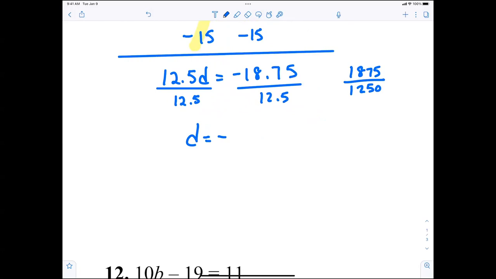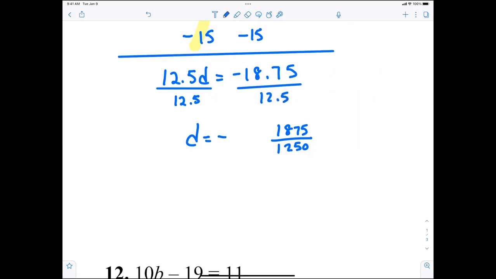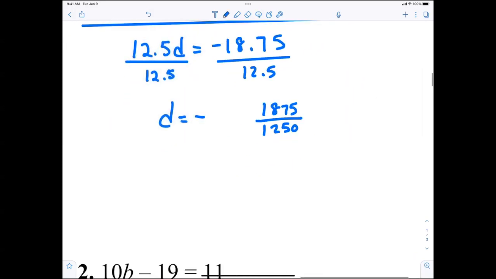Now, it can be divided by what? 5. We are practicing this division, guys. Or 50. 50 doesn't go into 1875. Okay, so we're dividing by 5, dividing by 5. So let's practice. How many times does 5 go into 18? 3. How many left over? 3.